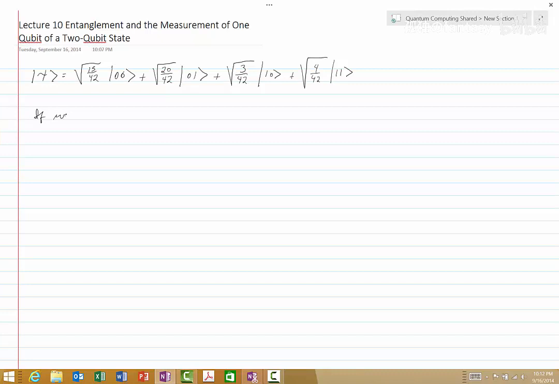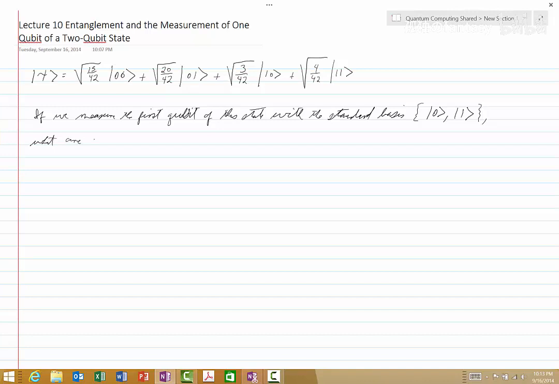If we measure the first qubit of this state with the standard basis, what are the probabilities for the various outcomes?